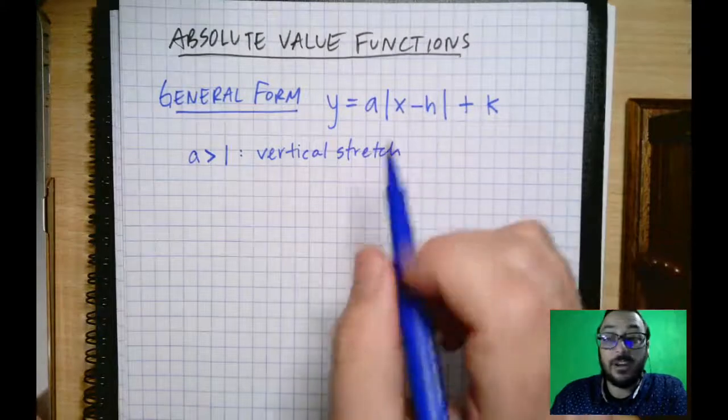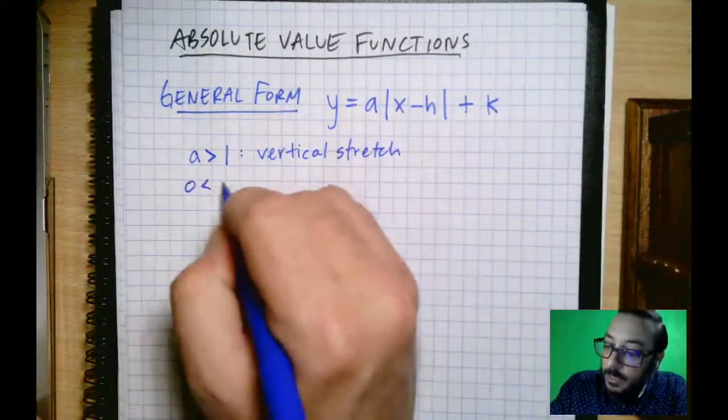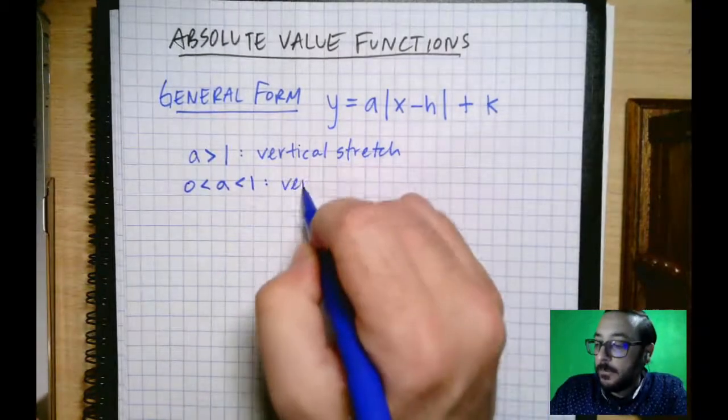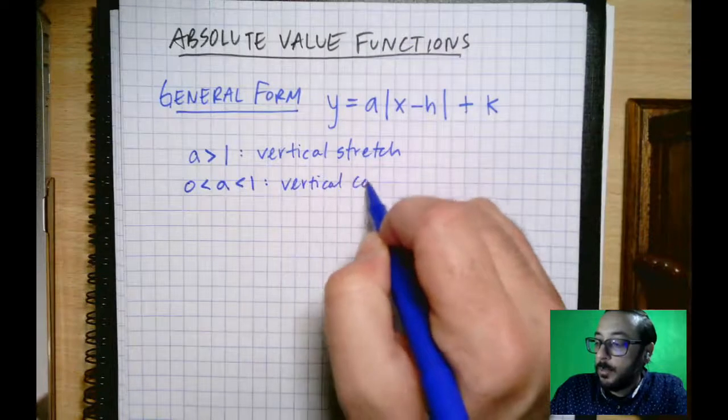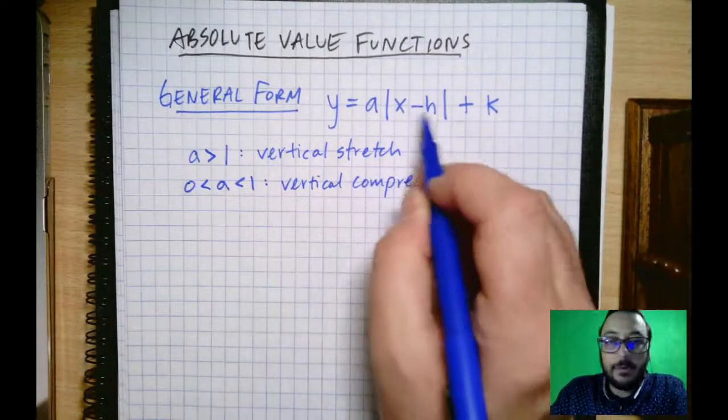Okay, that's going to make our graph skinnier. If a is between 0 and 1, if it's a fraction, that's going to be our vertical compression. And then we have our minus h.